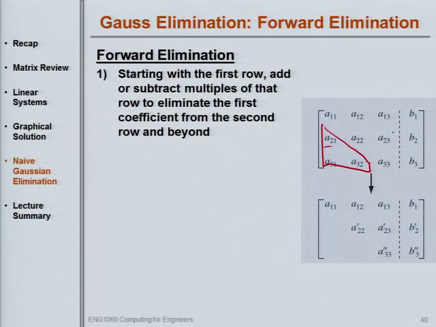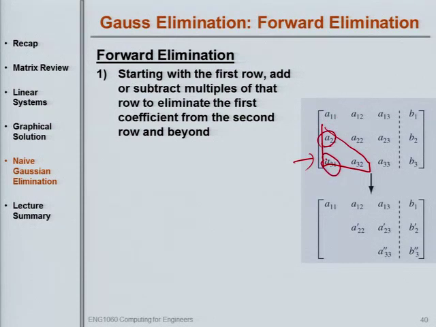So we're going to start with the first row, and we're going to add some multiple of this, or subtract some multiple of this, to this row here, so that we can set A1 equal to 0. We then move down to the third row, in this case. We're going to add or subtract some multiple of this first row to make this element 0.